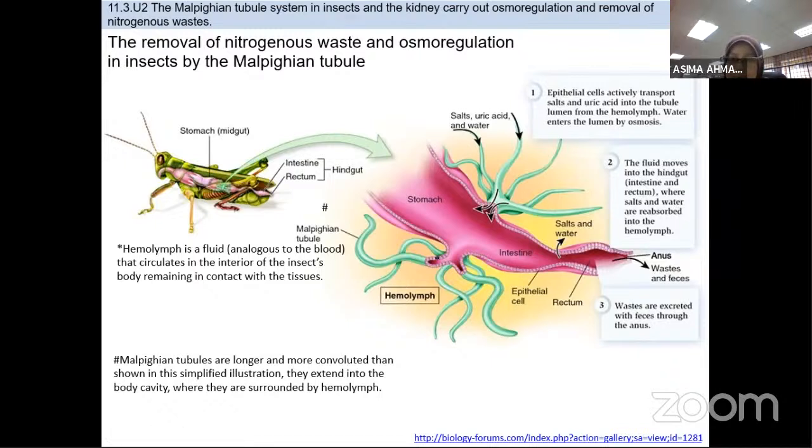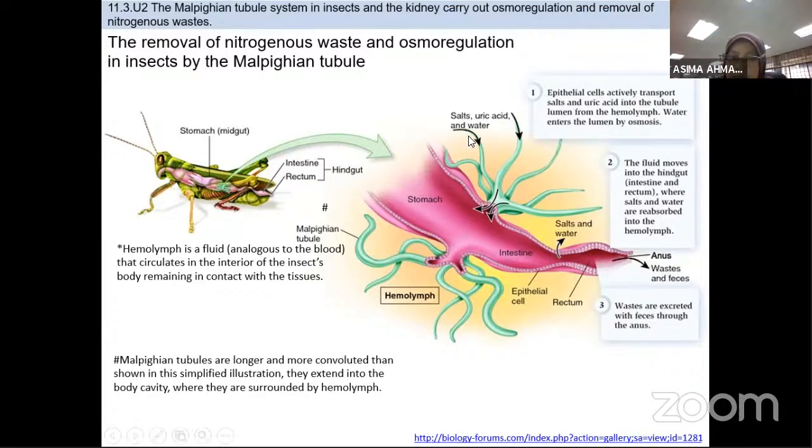Alright, and then when salts and uric acid go in, what follows after that? Okay, tak ada jawapan. Huh? Water lah.